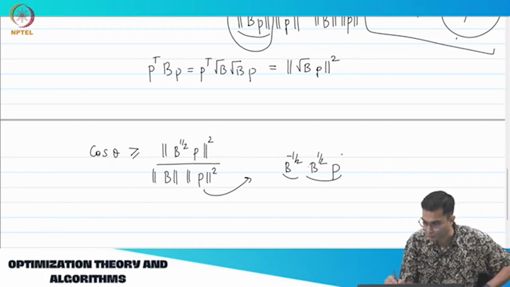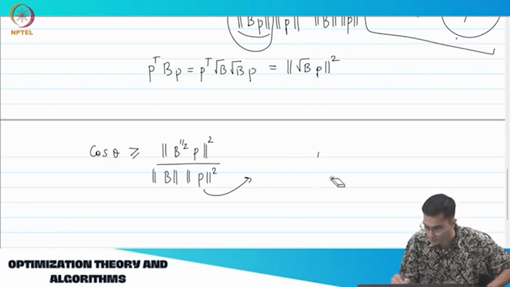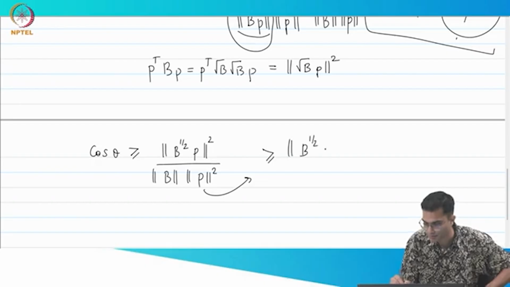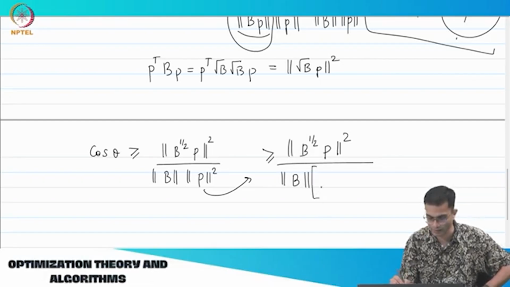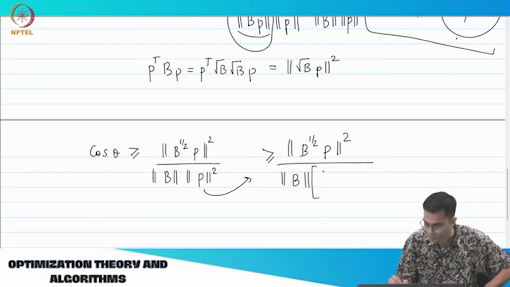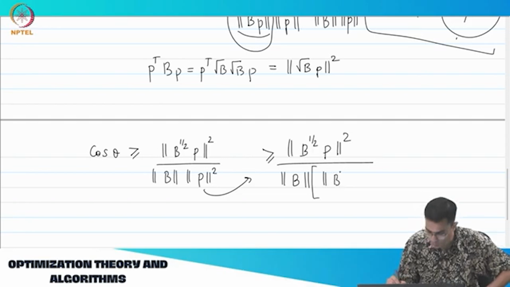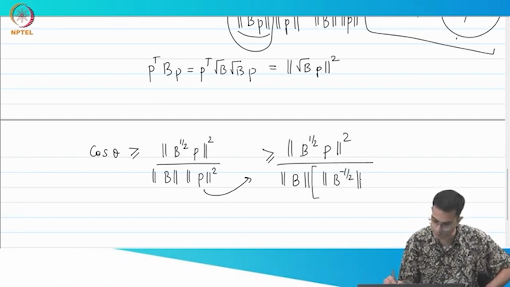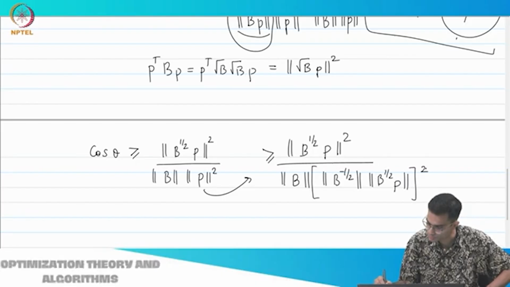Okay. So let's get rid of this over here. So this can further, I'm going to write as norm of B to the half times P squared. This B remains over here. And now here is where I split it open. So I have B to the minus half, then B to the half times P, this whole thing is squared.